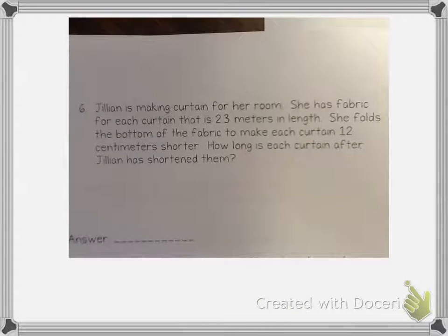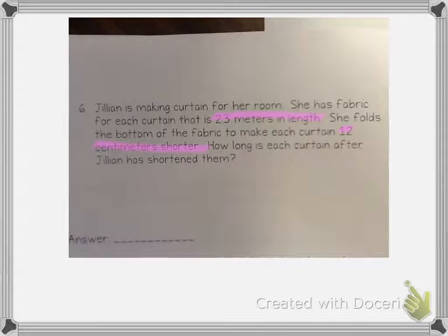Number 6 says Jillian is making curtains for her room. She has fabric for each curtain that is 2 3/10 of a meter in length. She folds the bottom of the fabric to make each curtain 12 centimeters shorter. How long is each curtain after Jillian has shortened them?